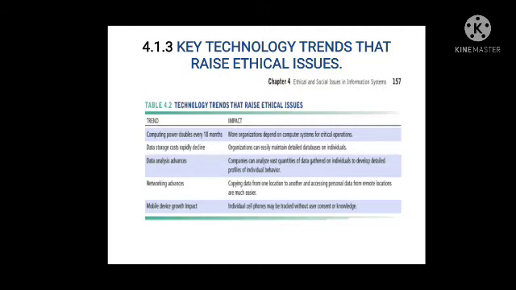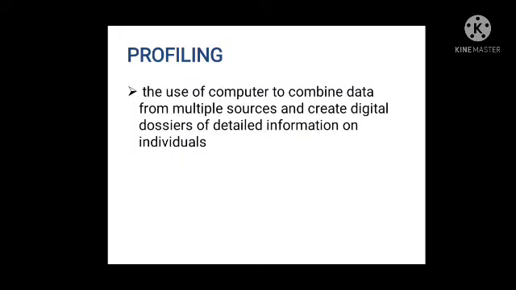As a result, our dependence on systems and our vulnerability to system errors and poor data quality have increased. The use of computers to combine data from multiple sources and create electronic dossiers of detailed information on individuals is what we call profiling.